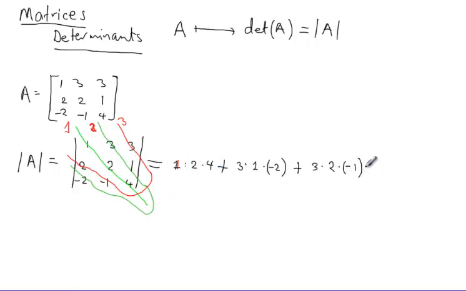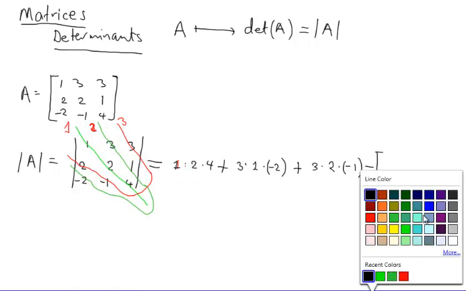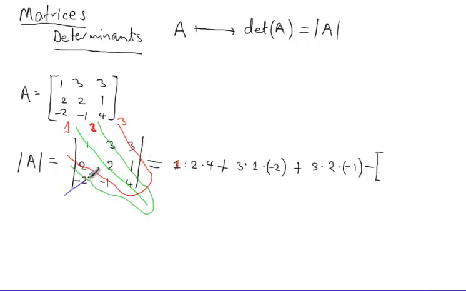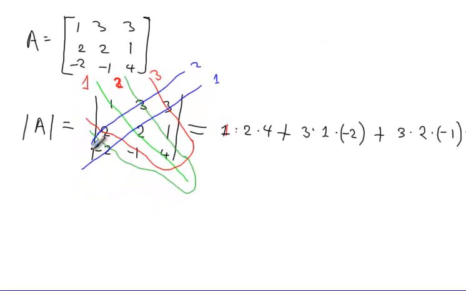Then I say minus, big bracket there. What am I going to do now? I'm going to do the secondary parallels. The secondary parallels are 1, 2, 3.